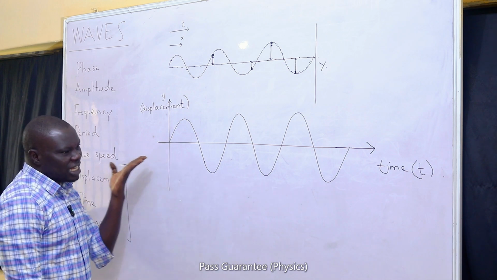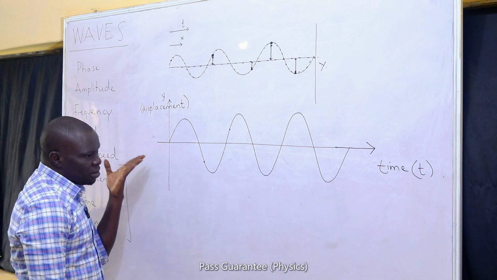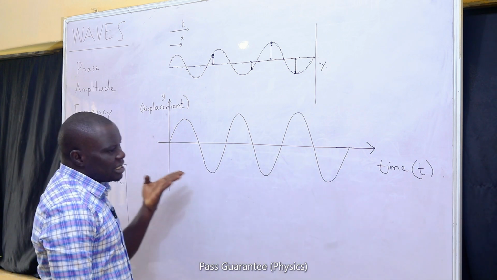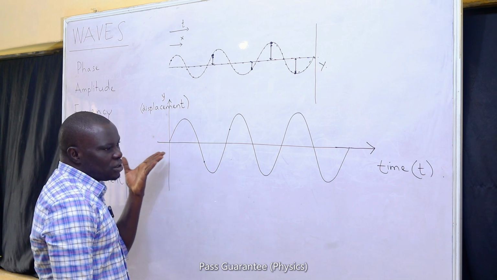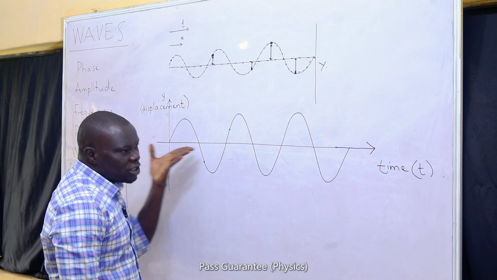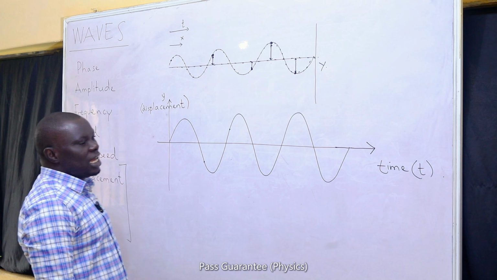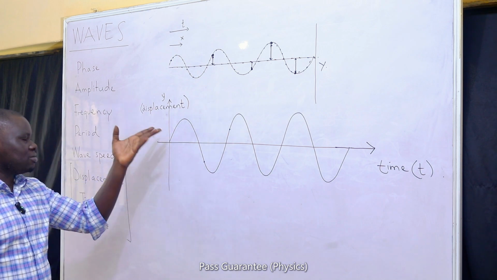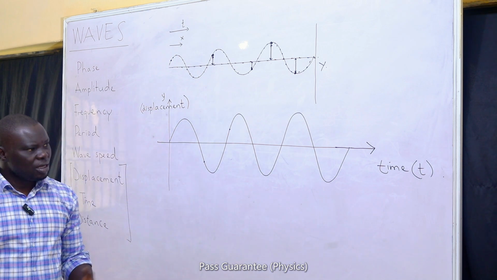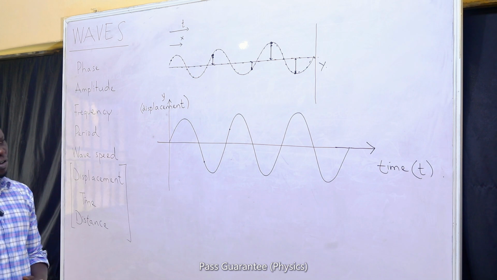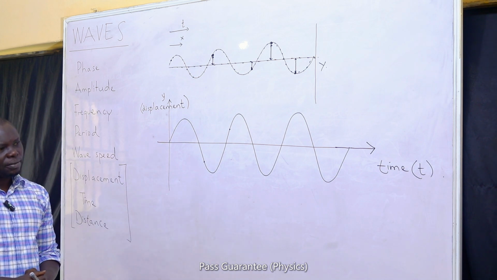The wave is covering distance, and it takes some time to cover that distance. Since the wave is transverse, I put things that concern the wave on the horizontal axis and things that concern the particles on the vertical axis. Generally, this is how the form of waves looks.